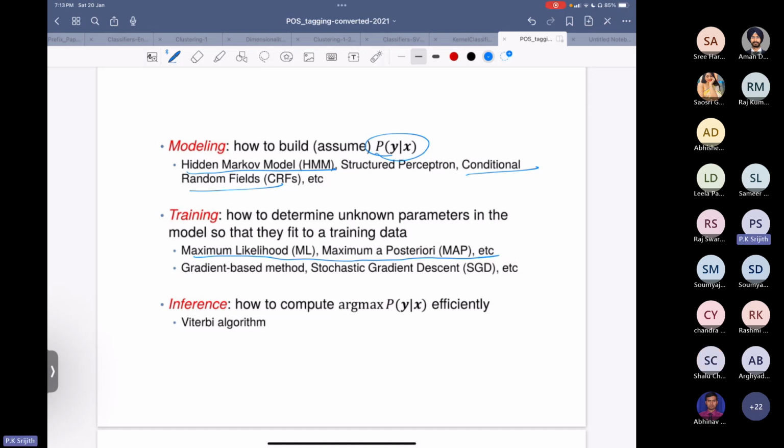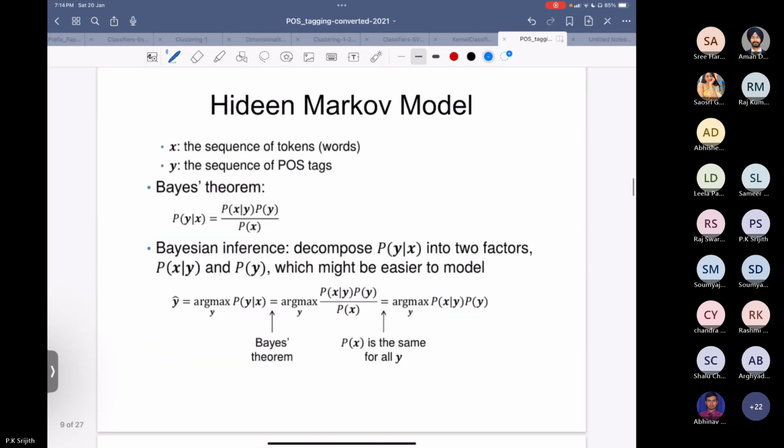Okay, so once you learn this model and these parameters from the data, then you can make use of the model for predicting, right? That is basically the inference. So we look at how each of these stages works in the case of the hidden Markov model and conditional random field. First, let us look at the hidden Markov model.